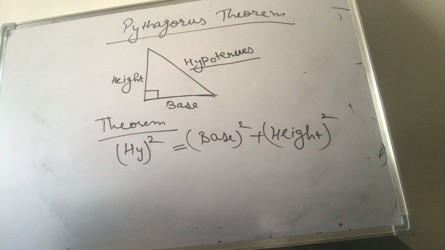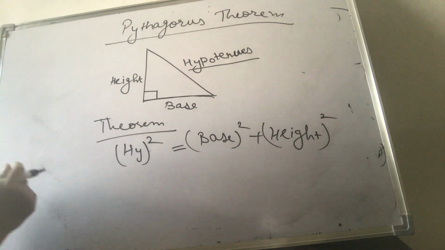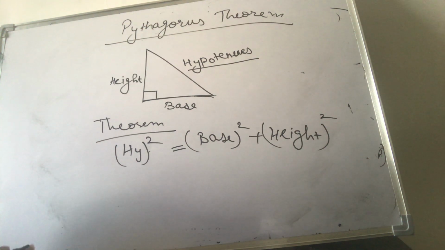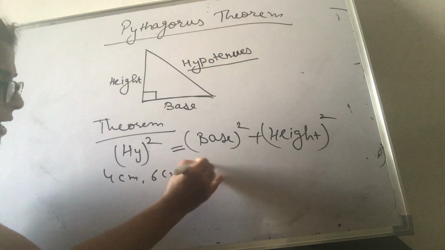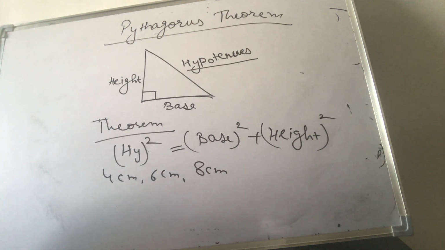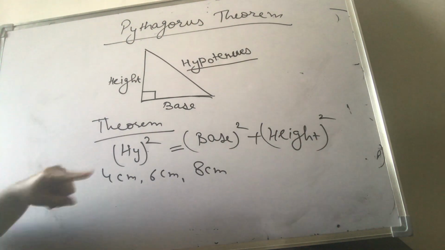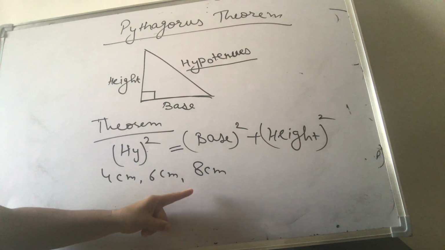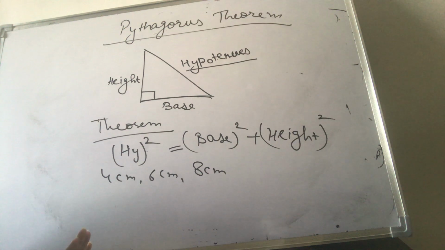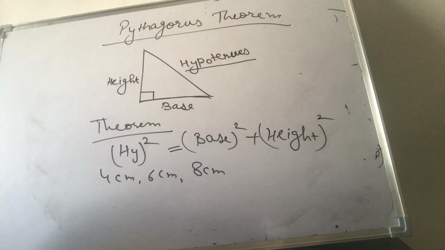Now, for using the sums, I'll give you one example. Suppose you are given the three sides of the triangle as right angle triangle as 4 centimeter, 6 centimeter and 8 centimeter. In the property number 3, we have done that with these three sides, can we draw the triangle or not? It was not right angle. It was simply, can we draw the triangle or not?